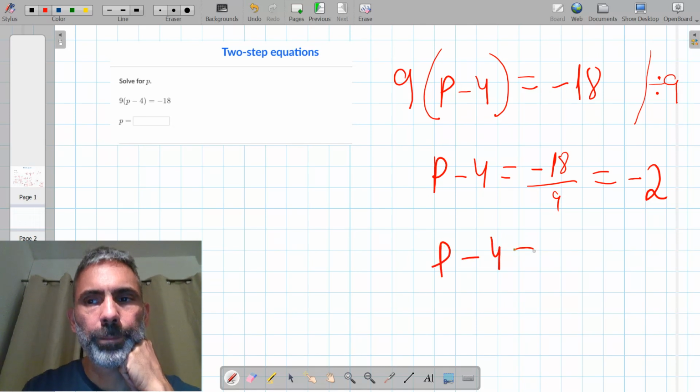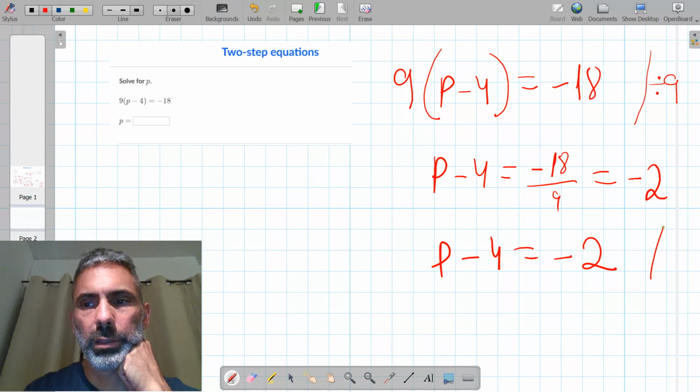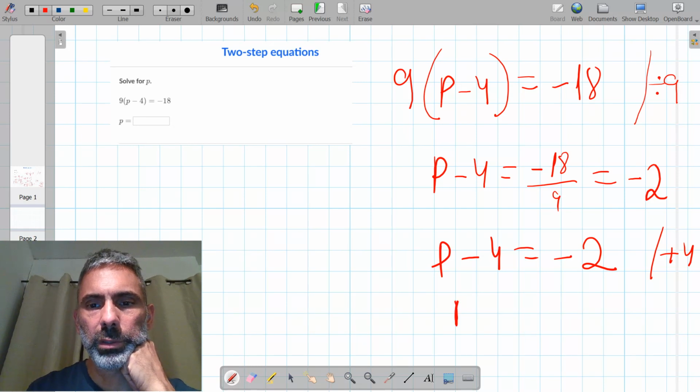So p minus 4 equals minus 2. And then I want to isolate the p, so I add 4 to both sides of the equation. On the left hand side I'm left with just p, because p minus 4 plus 4 is just p.